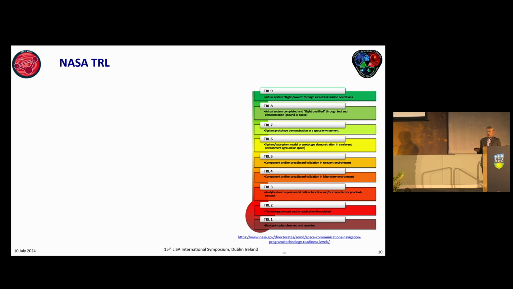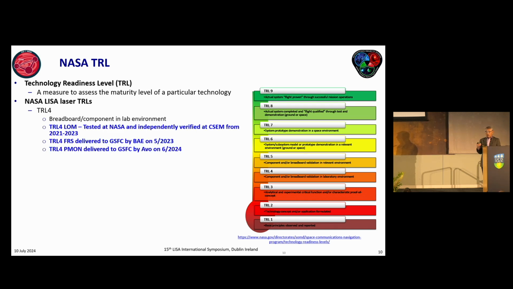The way that we do our development is by the traditional NASA TRL, which was mentioned by Kenji in his Monday talk, and is a measure of the maturity of the hardware design. For our TRL4 development, we have developed a laser optical module, and that was independently verified by CSEM working with ESA between 2021 and 2023.